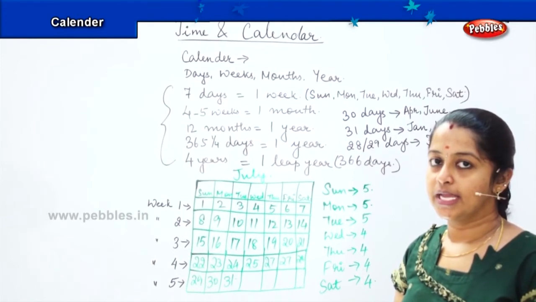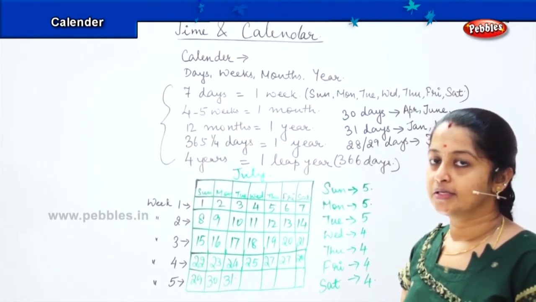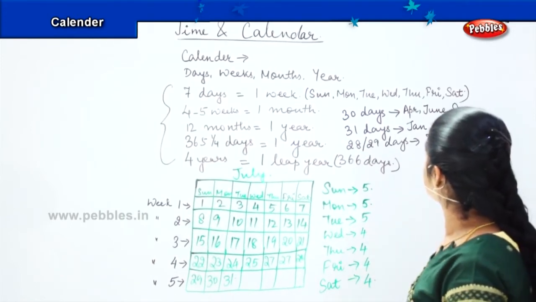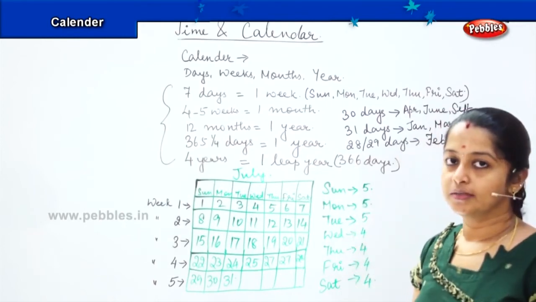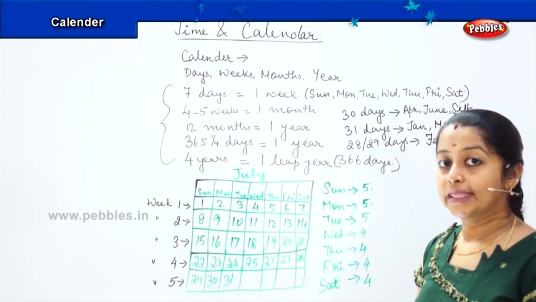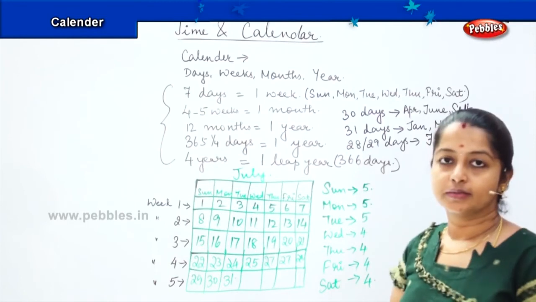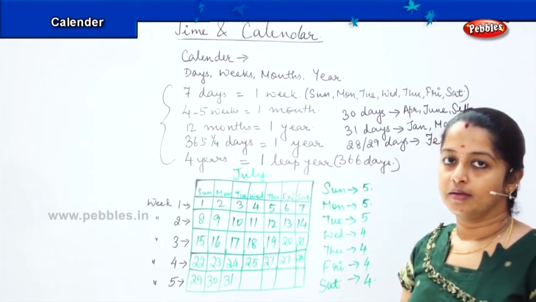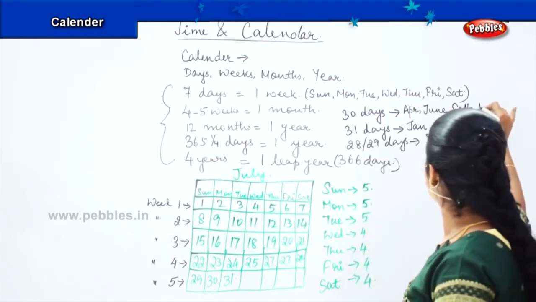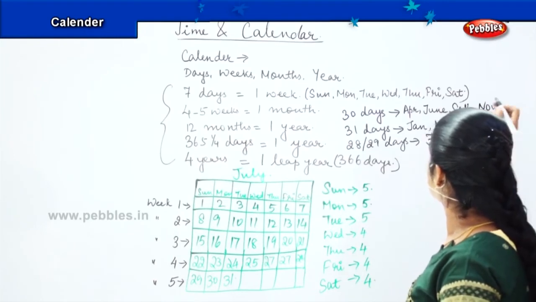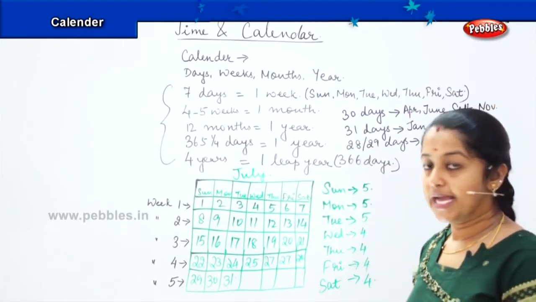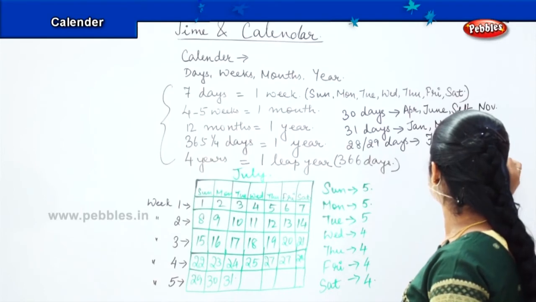September? It again comes in 30 days. October? October has 31 days. November? Good. November has 30 days. And December? December has 31 days.